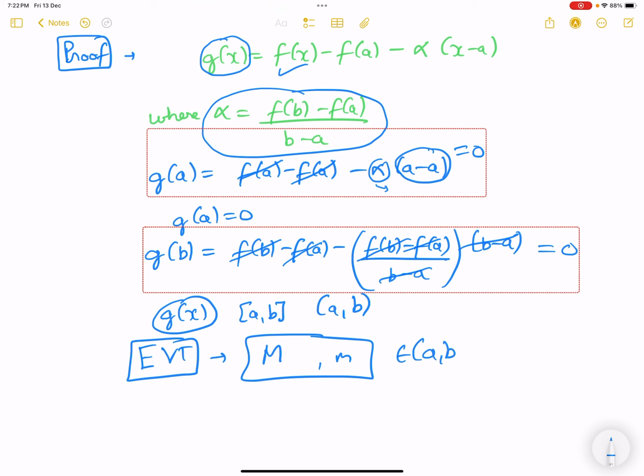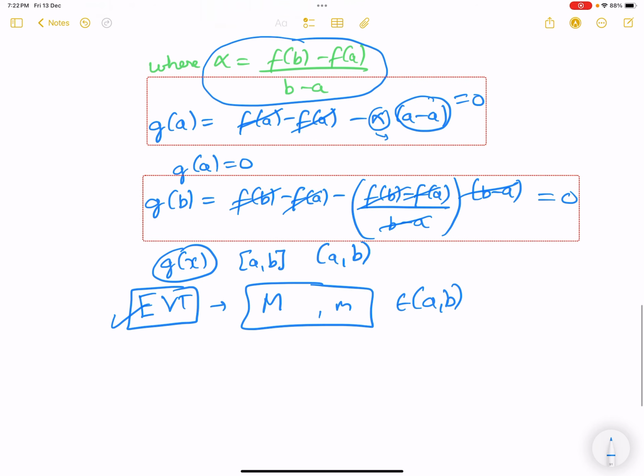So this was what we concluded from the extreme value theorem, right? If the function is continuous in the closed bounded interval and differentiable in the open interval, then there would exist a maximum value and a minimum value of that function.